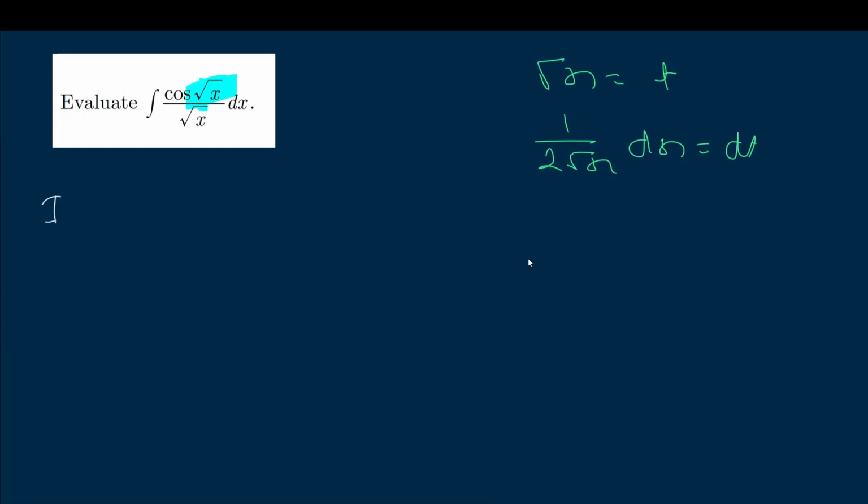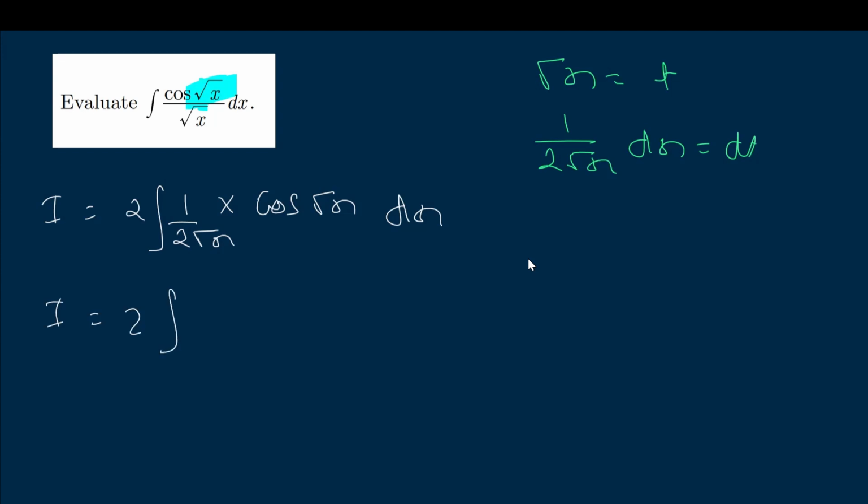So if I rewrite the question over here by multiplying and dividing by 2, this is 2 multiplied by cos root x over 2 root x dx. By substitution, 2 is outside, this will become cos t, and the rest will be replaced with dt.